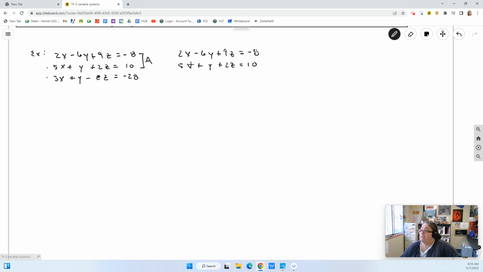I want to eliminate one of the variables in these two equations. Which would be the easiest variable to eliminate? X, Y, or Z? Which one looks like it's got the least amount going on? X, Y, or Z?